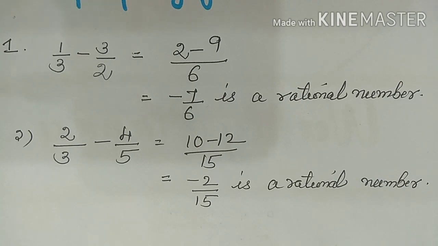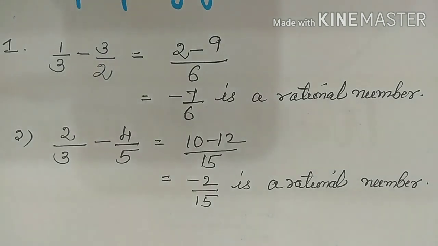That means if you take the difference of 2 rational numbers, the result will also be a rational number. So we can conclude operation of subtraction on the set of rational numbers is closed. Is it clear? What does it mean? It means that every time you take the difference of 2 rational numbers, the result will also be a rational number.